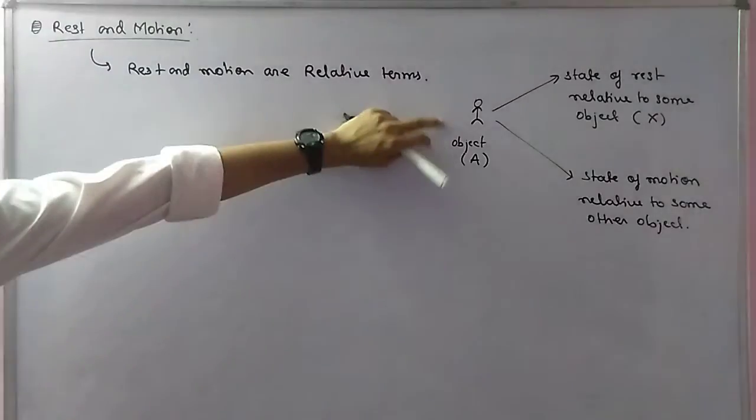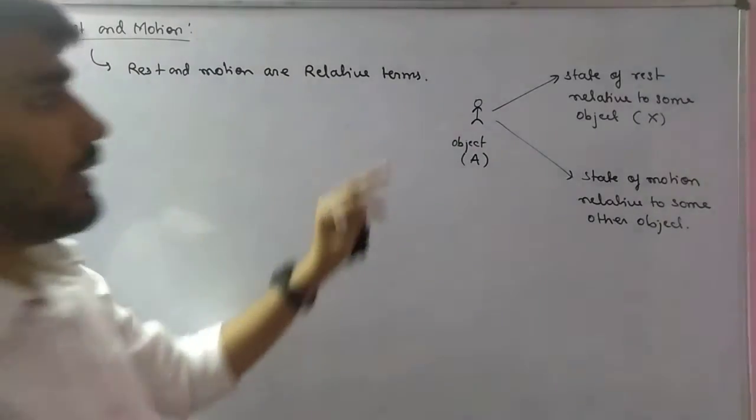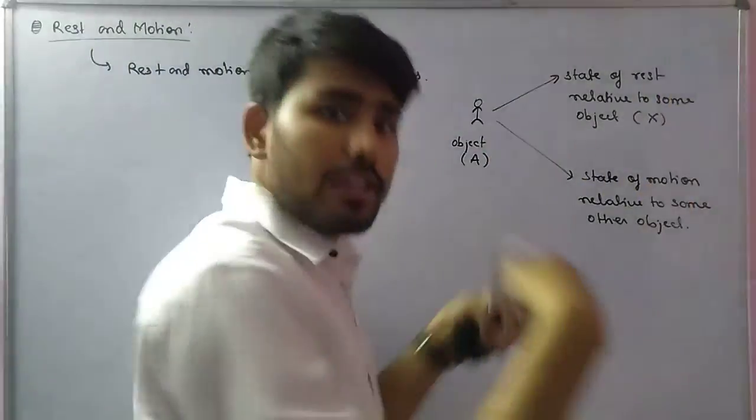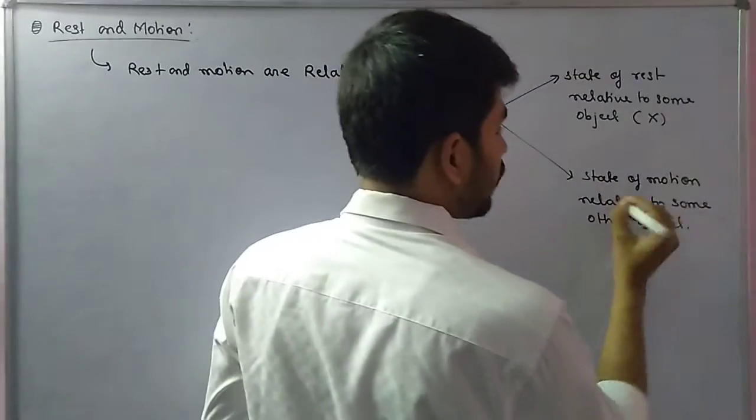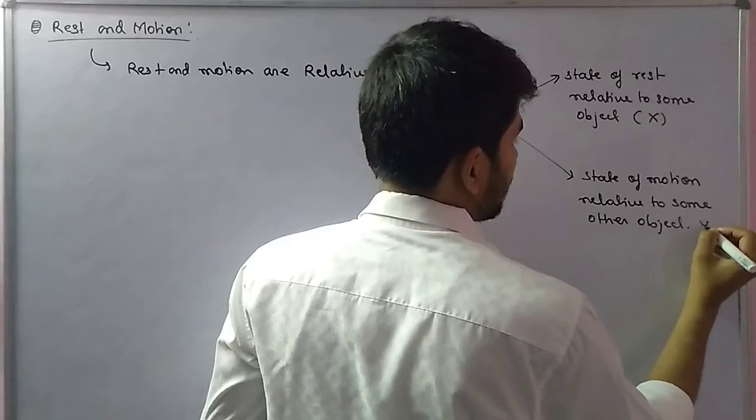Means the same person or the object A can be in the state of rest with respect to some object, and at the same time he can also be in the state of motion with respect to some other object, say Y.